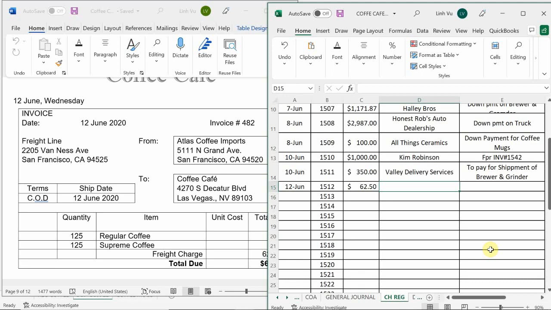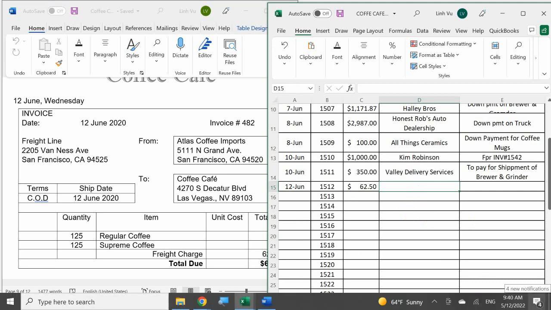Who shipped out the coffee? What does the left side of the invoice say? Freight line. Freight line is who we paid to deliver. Okay. Why?